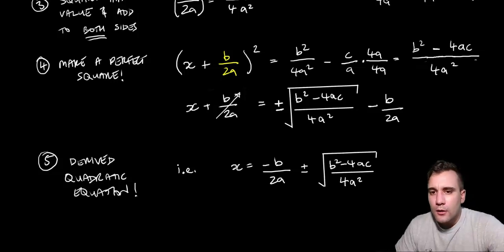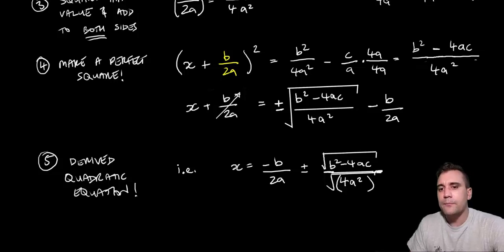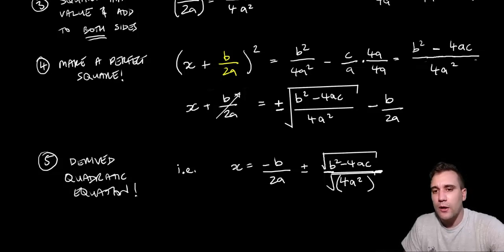Now the square root of the whole thing b squared minus 4ac over 4a squared is the same as taking the square root of the top and the square root of the bottom, and this fraction line is still there. If we take the square root of the bottom, can we do that? Of course we can. What's the square root of 4? That's 2. And what's the square root of a squared? That's a. So this bottom term here can be simplified to 2a.